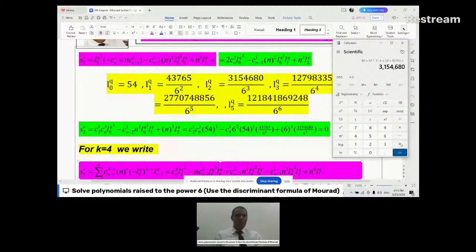So this one, learners, has to be equal to 0. Therefore the value of S2 of order R is equal to 0.